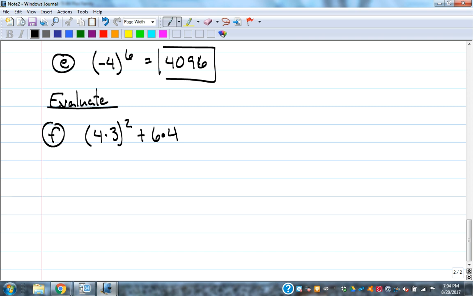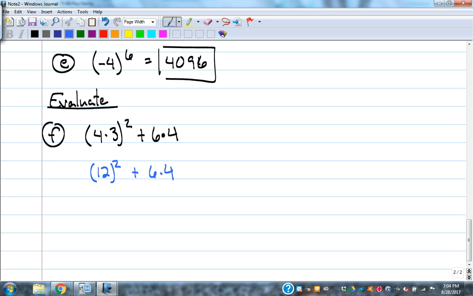So what happens first? 4 times 3. So the first step would be 12, and then we're squaring that, and 6 times 4. Which one happens first, the 12 squaring or the 6 times 4? Technically, the 12 squaring. Is it going to screw it up if you say 6 times 4 first? No, it's not, because it's separated by the addition.